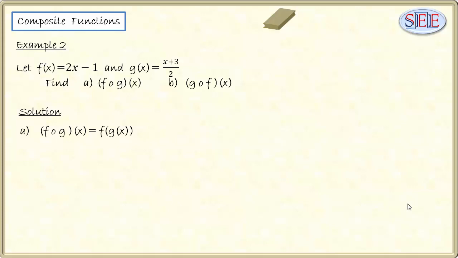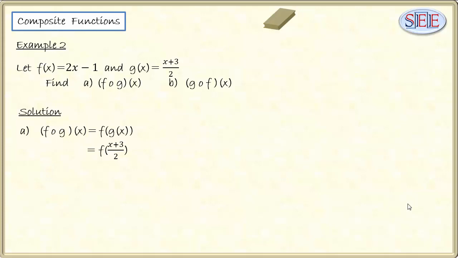So what I will simply do, I will now substitute g of x by that formula. So I'm going to have f of the bracket x plus 3 all over 2. I have replaced g of x by x plus 3 all over 2 because g of x is nothing but x plus 3 all over 2.